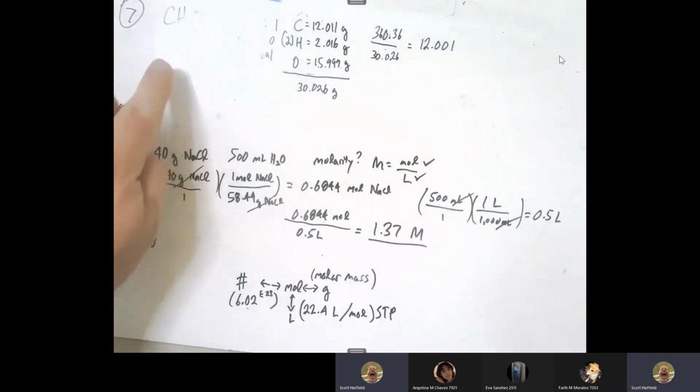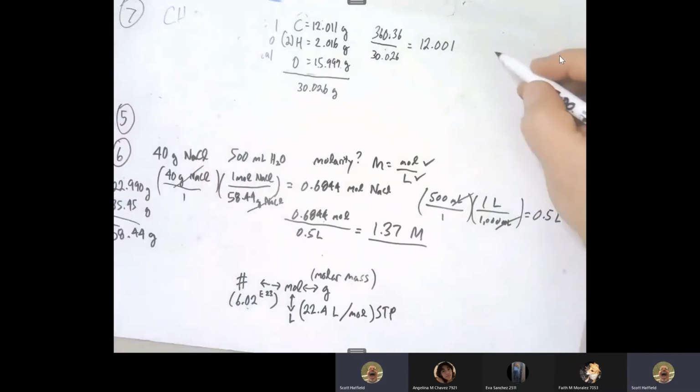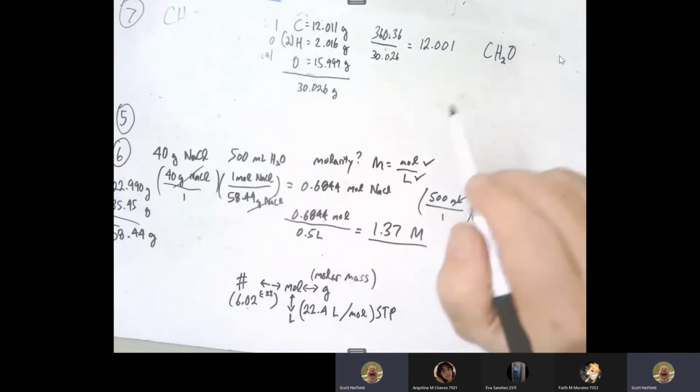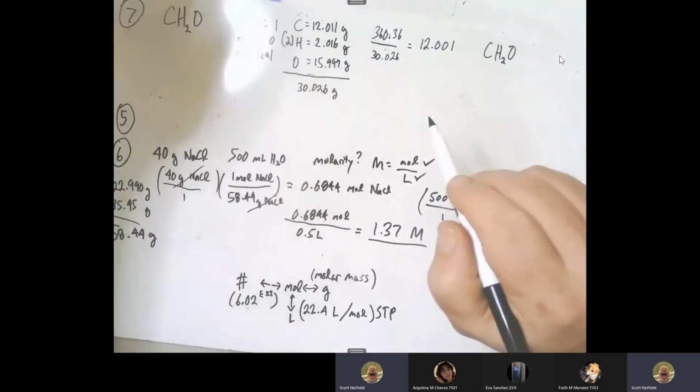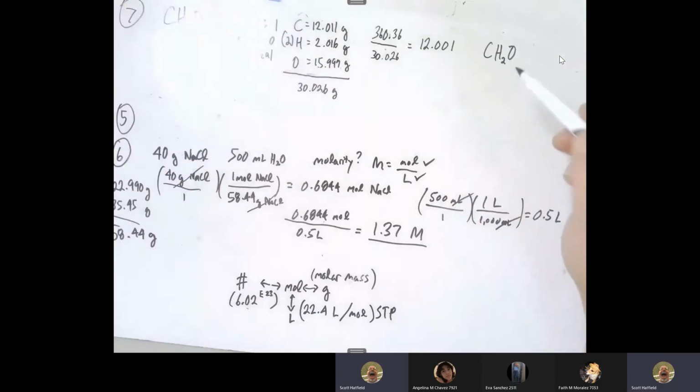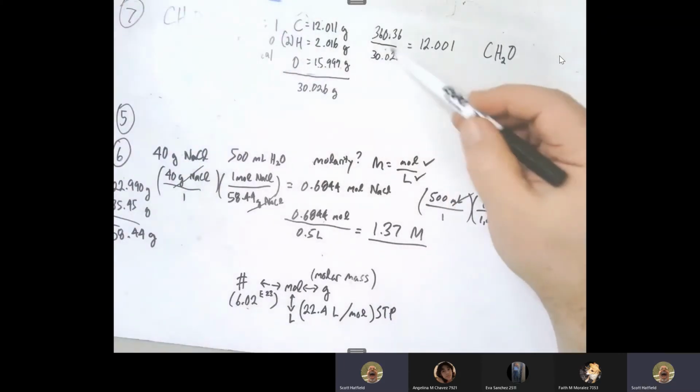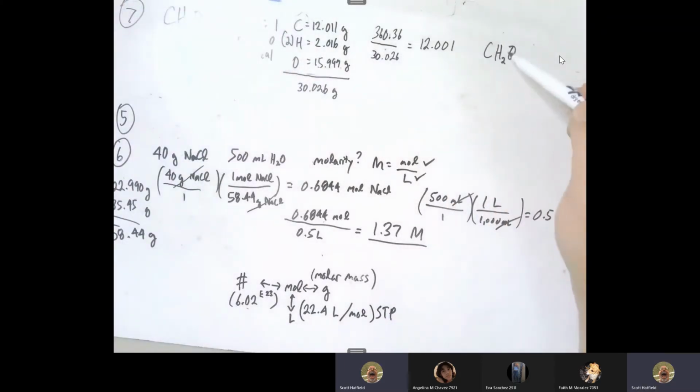So we refer back to our original formula. The empirical formula was, and again, that just means that there's a 1 to 2 to 1 ratio, all right? But it looks like there's 12 units in there. So we're going to take everything here and multiply everything by 12.